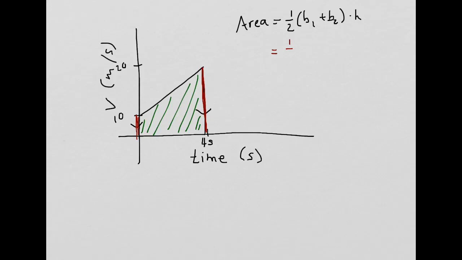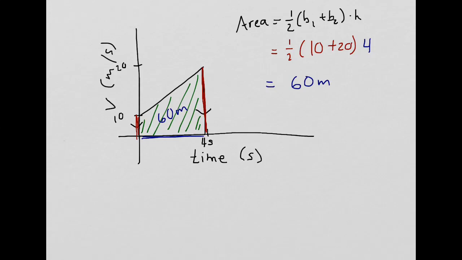Okay, so 1/2 times 10 plus 20. And my height, I'm going to highlight that in blue, is my time, which is 4. So the area under this curve is 15 times 4, which is 60 meters. Let's see if we can extrapolate this to give us a general formula for distance.